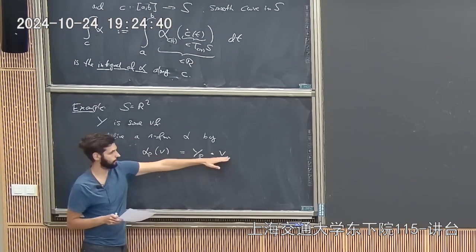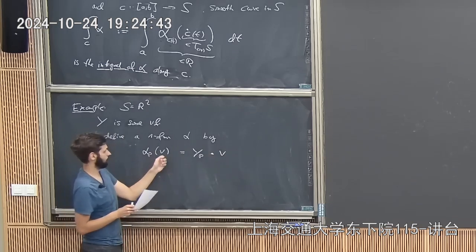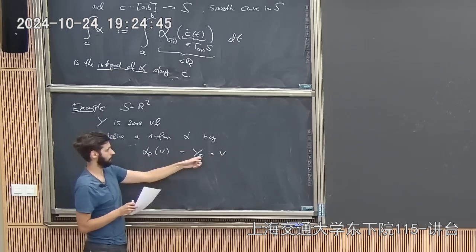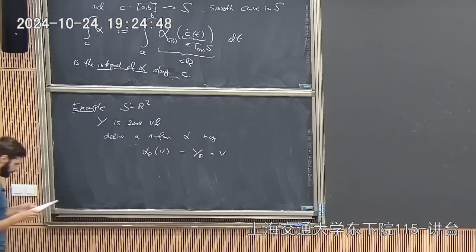This side is fixed, and then it's a linear map in v. So this one is really a one form defined by the vector field.